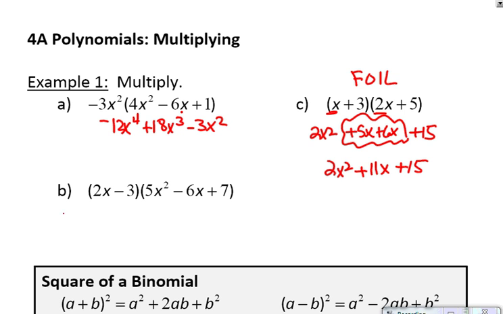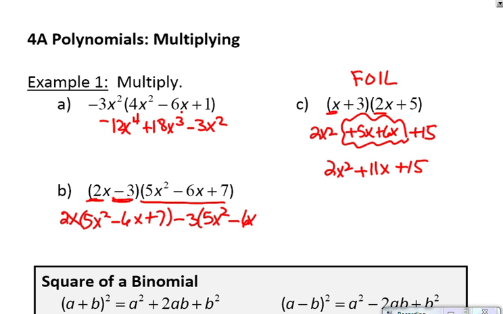So for example B, I'm going to take this 2x here and multiply it times the entire parentheses, 5x squared minus 6x plus 7. Then I'm going to take the negative 3 here and multiply it again times the whole second parentheses, 5x squared minus 6x plus 7.